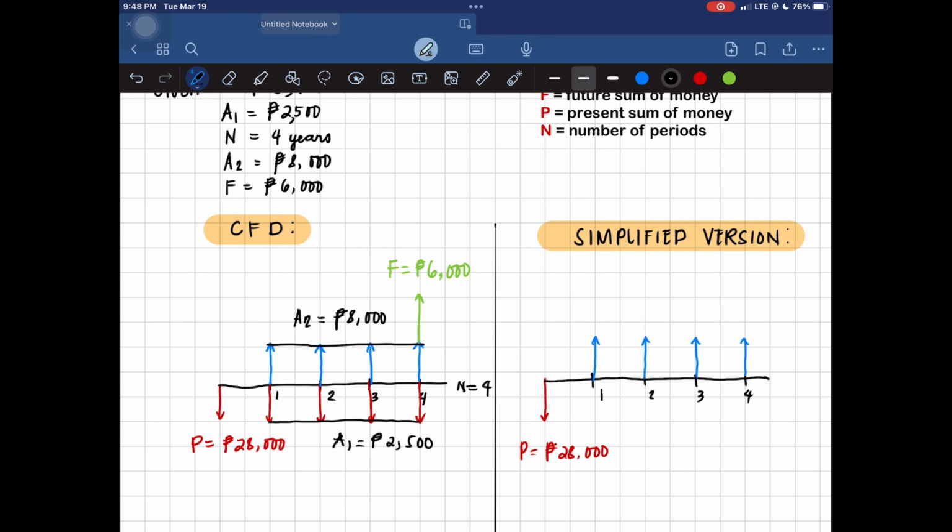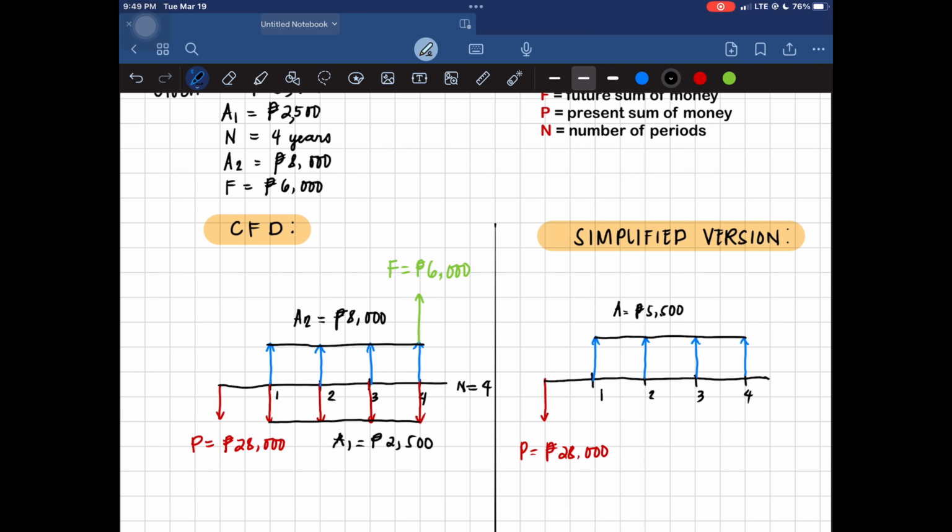Okay, so let me just draw a horizontal line here for our uniform series of amount, or annuity. So this will be 5,500 each year. I did put a horizontal line here so as not to write 5,500 repetitively. So it basically means that there is a 5,500 each year.